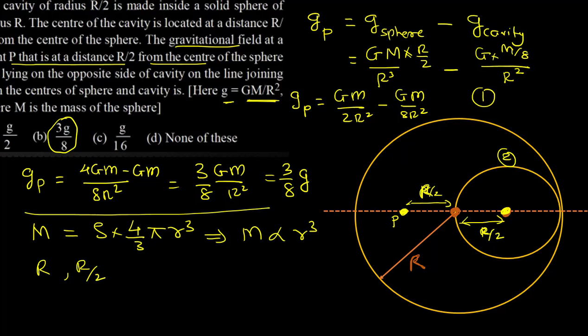So if the radius decreases to half, the mass will decrease 1 upon 2 whole raised to cube times, that is 1 upon 8 times, and therefore we took the mass of this cavity as M upon 8. So this is how we can find the gravitational field at a given point inside the sphere.